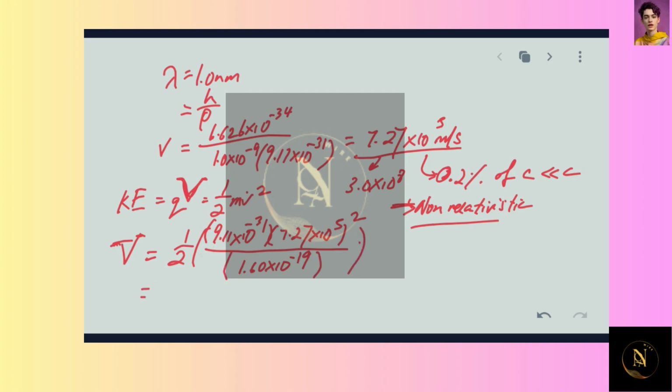And the accelerating potential, we should get about 1.51 volts. Now, of course, the kinetic energy for this would just be e times the accelerating potential, which is 1.51 eV.